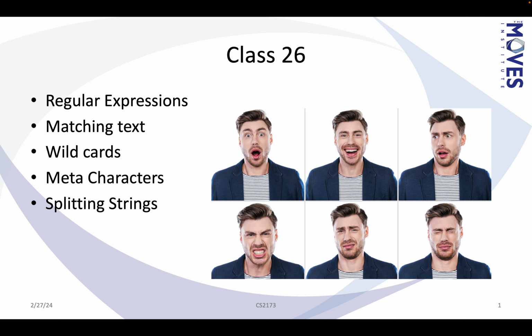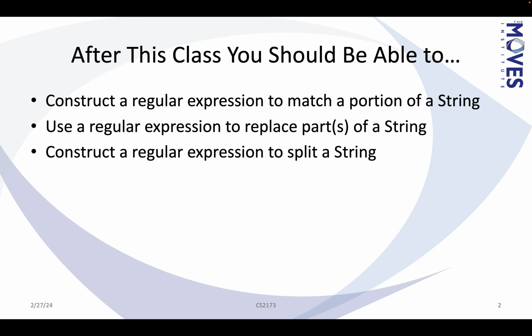They could be separated by a semicolon. And later we will see an example of tab-separated files, where the delimiter is actually a tab. Okay. So just after what you learned today, you'll be able to construct a regular expression to match a certain portion of a string, a fairly simple one.